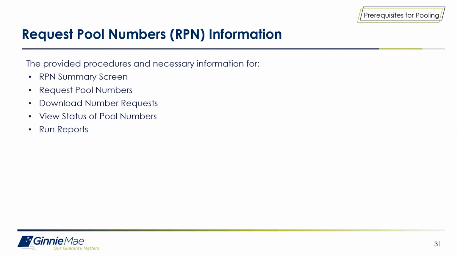So you know how to go and request your pool numbers. You know to do your due diligence of checking the pool numbers and keep up with that. But if you're new and you want to know the process, you have the ability to go into the system and dig a little bit further to understand the full process. Next slide.